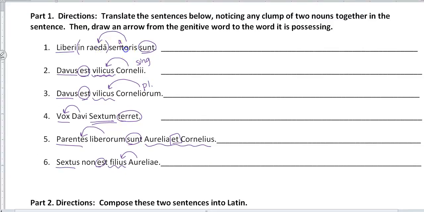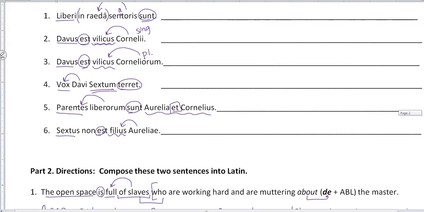The carriage of the senators, the overseer of Cornelius, the voice of Davus, the parents of the children. This genitive always comes right after what it's possessing. So if you want to pay close attention to your Latin word order, you should always put the genitive, the possessor, right after whatever it is possessing.